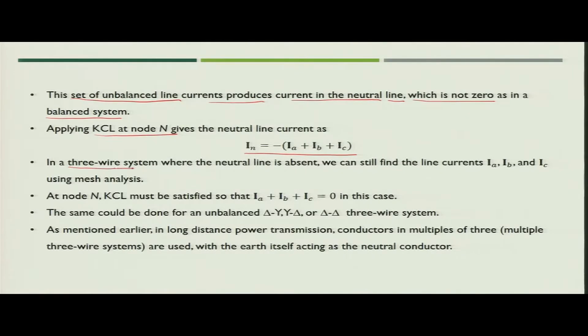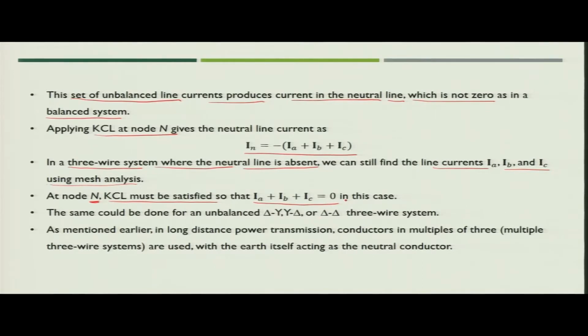Now, in the case of a 3-wire system, that means the neutral line is absent, we can still find the line currents I A, I B, I C using mesh analysis. When the neutral line is absent, KCL still holds at node N, that means I A plus I B plus I C will be 0.